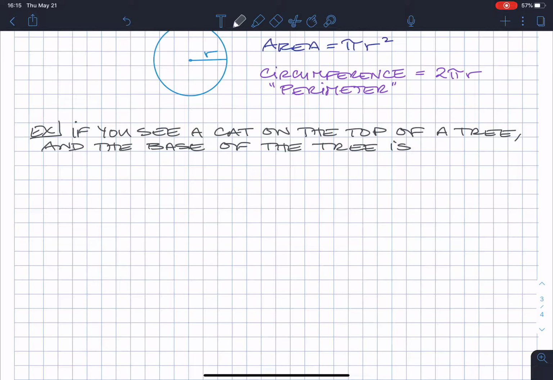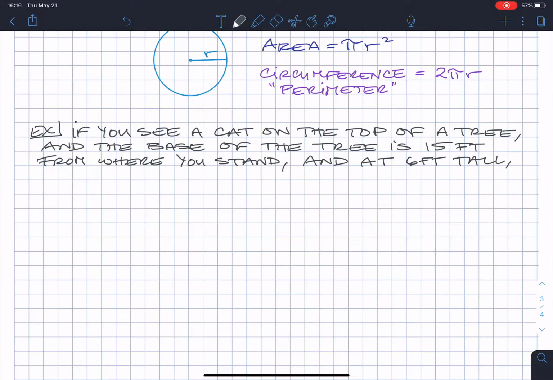is 15 feet from where you stand. And it's 6 feet tall. And at 6 feet tall, your shadow is 10 feet long.